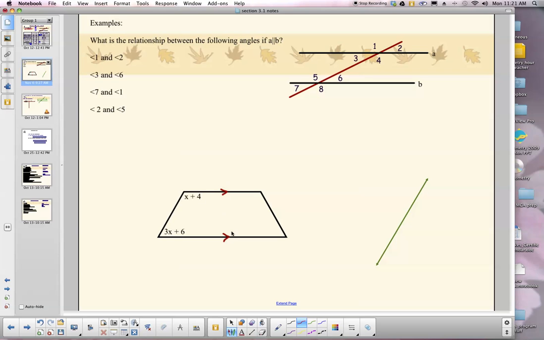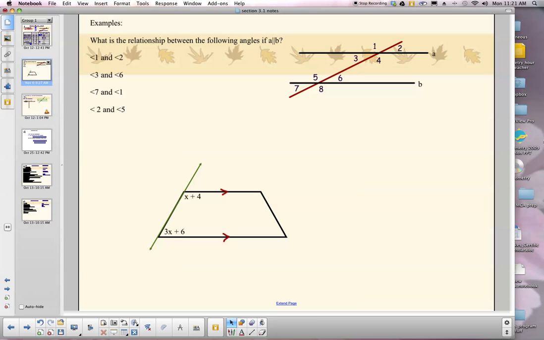And in a trapezoid, since lines are parallel, this line would be considered a transversal. If I draw it a little bit different, it's a little bit easier to see. This would be your transversal, this would be your parallel lines. So these two angles are on the same side of the transversal, on the interior of the parallel lines. So they are same side interior angles.